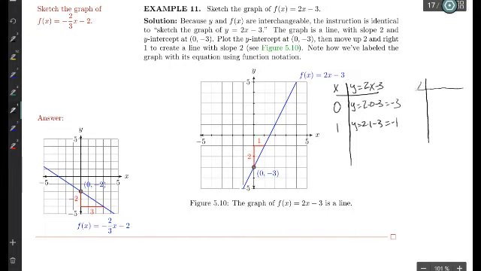If you were to use function notation, you have f of 0 equals -3, f of 1 equals -1, etc.